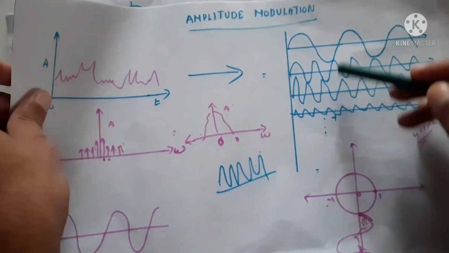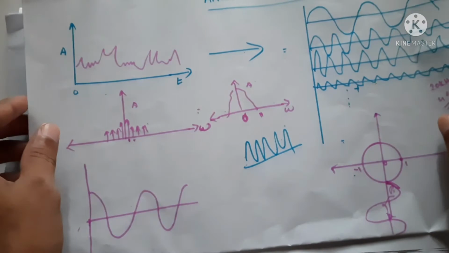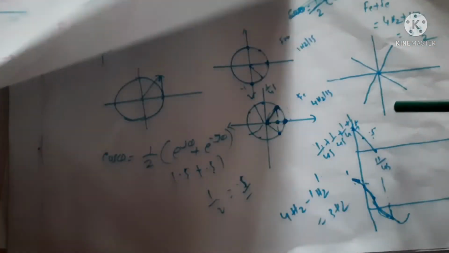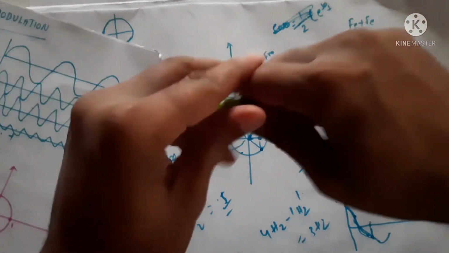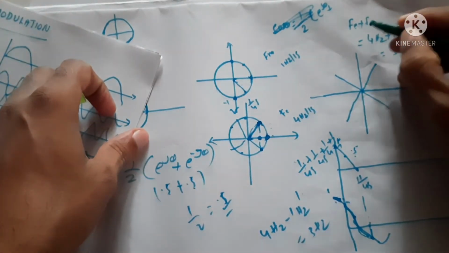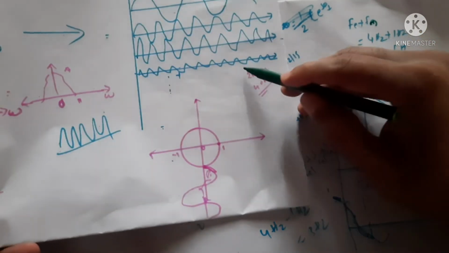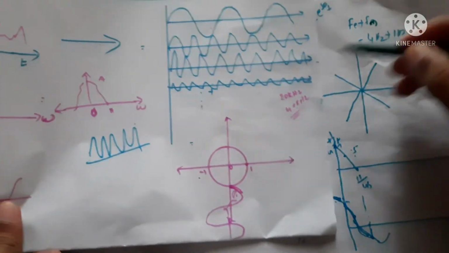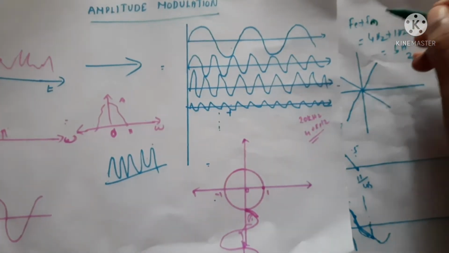So we have taken only one single frequency, and it is modulated with the carrier signal, and because of that we get the carrier frequency plus the modulating frequency, Fc plus Fm. If we say that this is the Fm, we get Fc plus Fm. This is only one frequency. Like that, in this voice, there are a lot of frequencies that get modulated.